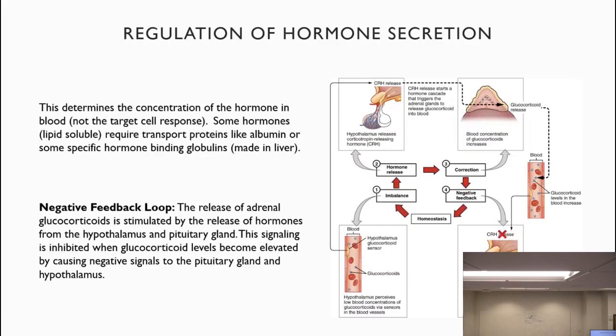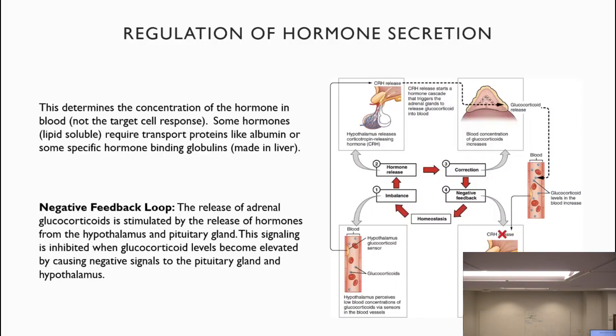So when there is an imbalance, the hormone is either in deficit or in excess, we are going to have a correction. That will be either more release of the hormone if it was low, or less if it was elevated. Then we are going to have a negative feedback that will counteract what happened previously.